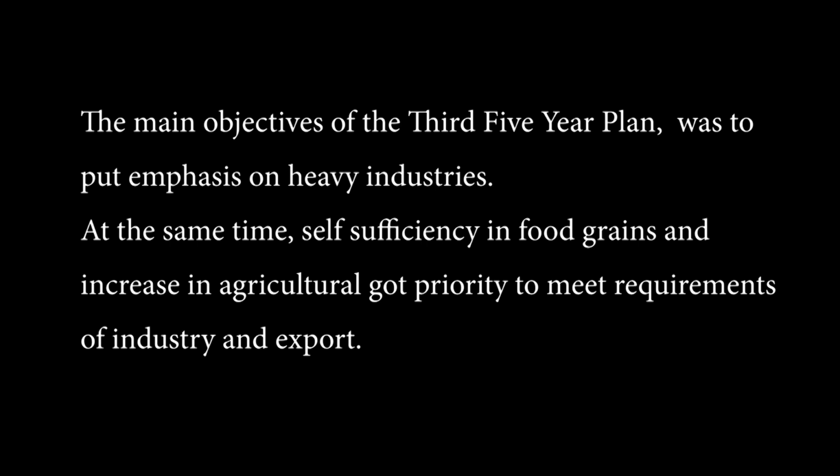This became inevitable because the country faced acute food shortage during the previous plan period, but in both agriculture and industrial production, the achievement of the third plan fell far short of the target. From this perspective, the third plan was a failure.